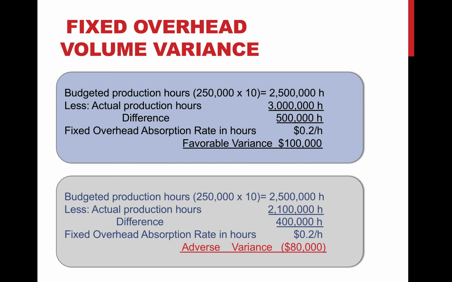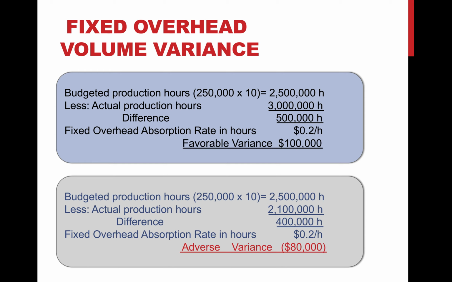If you do your calculation, you will see that you only took in 420, 420 thousand pesos or dollars. So you have an adverse variance of 80,000.